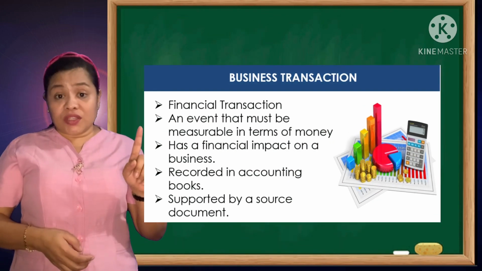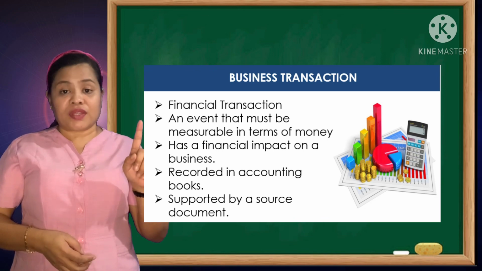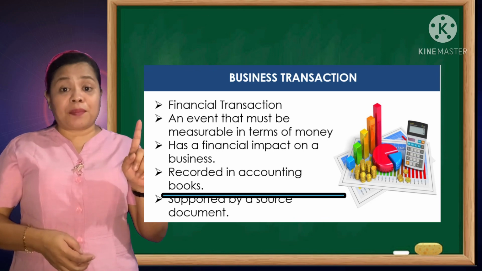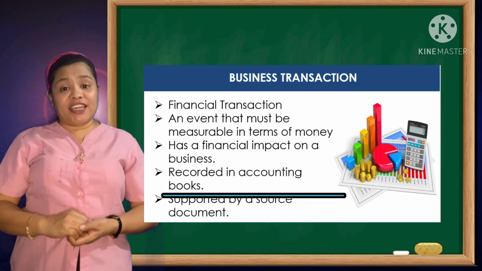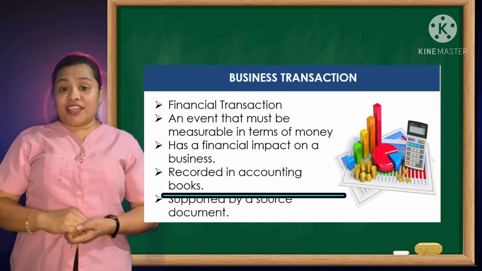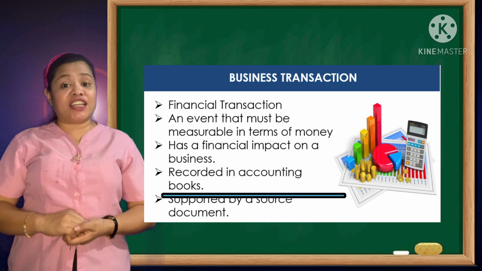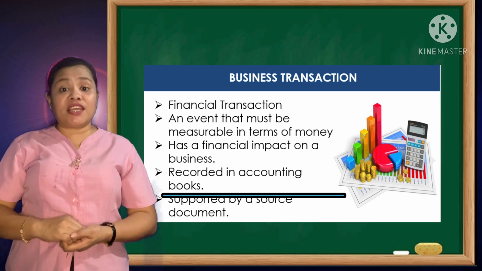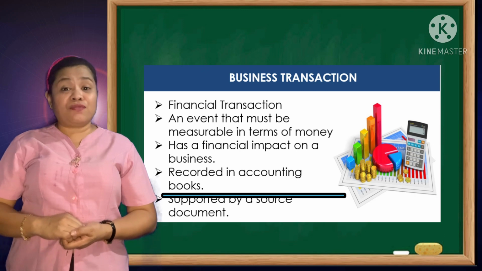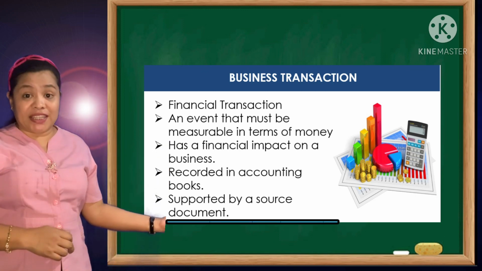Remember, only those activities that can be calculated in monetary terms are recorded in companies' accounting reports. A bookkeeper or accountant records each transaction by creating a journal entry. Before documenting a financial transaction in the report, the bookkeeper or accountant must ensure that it is fully confirmed by one or more source documents.